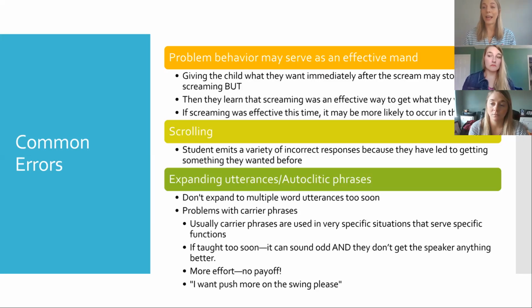As we teach specific mands, that ends up increasing in length naturally through how we teach it. And the last thing about that is, when you're teaching that carrier phrase, there's a lot more effort, but it's the same payoff.